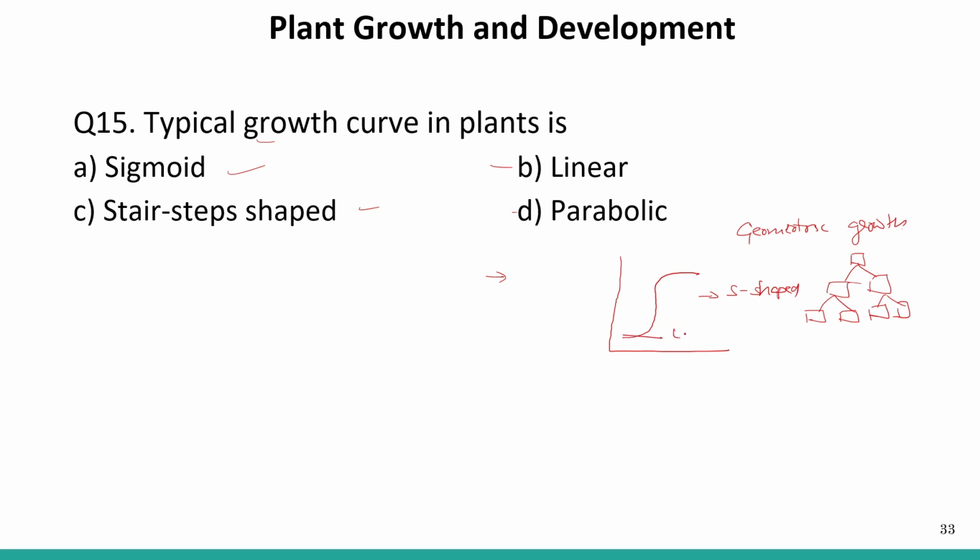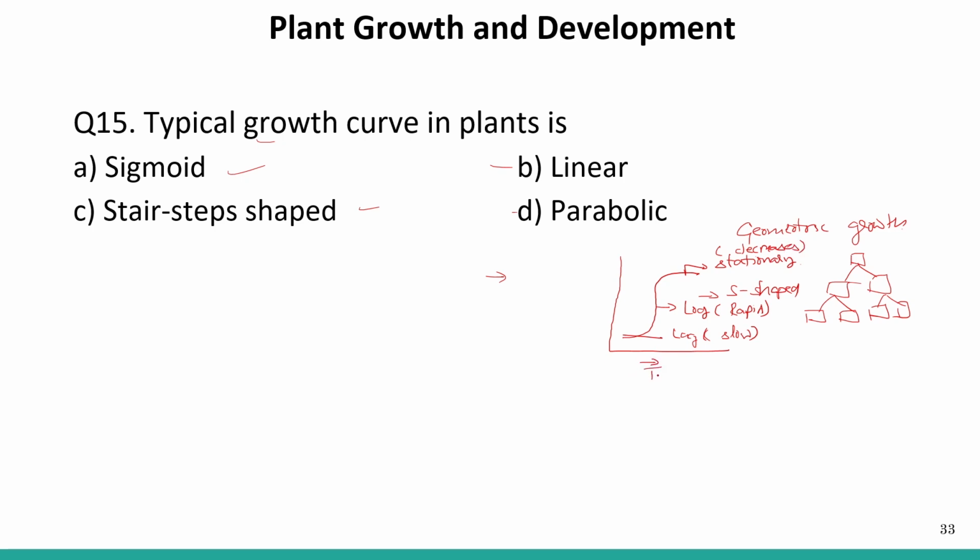Here we have the lag phase, during which the growth is very slow. Then we have the log phase or exponential phase, during which we see rapid growth. Then we have the stationary phase, in which the growth decreases due to the depletion of nutrients.